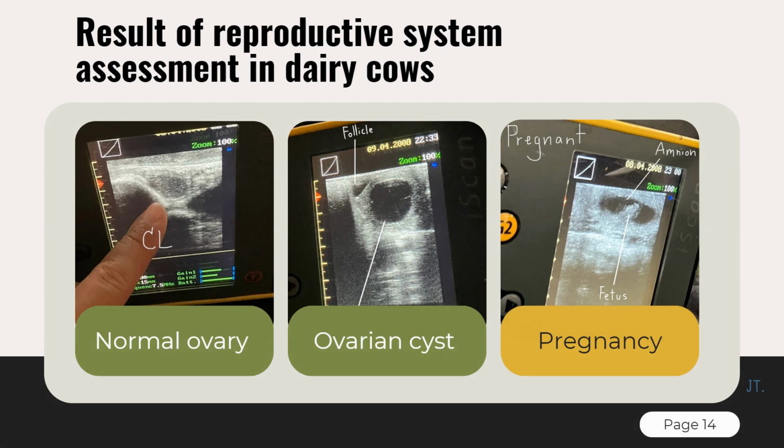The results of reproductive system assessment in 3 dairy cows after calving found all 3 dairy cows are already with involution. The ultrasound images show both abnormal ovarian cyst and pregnancy.